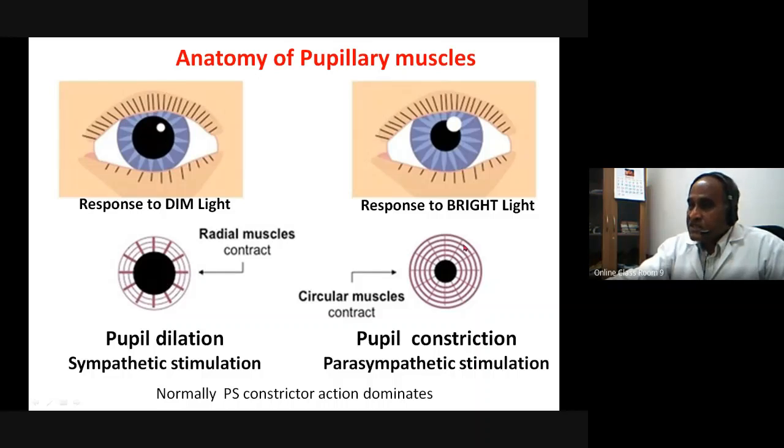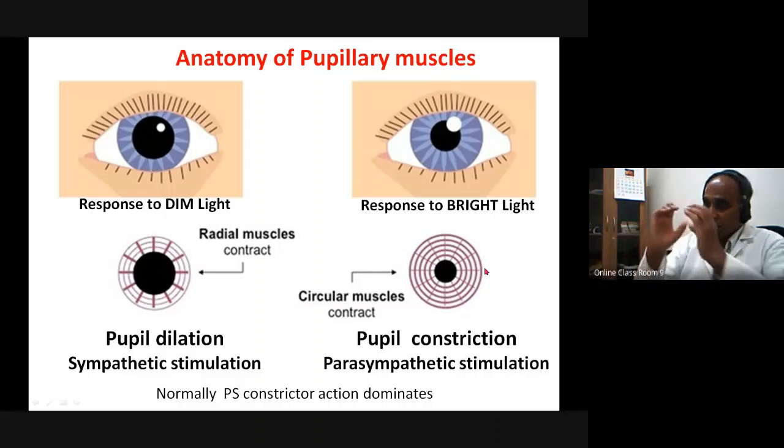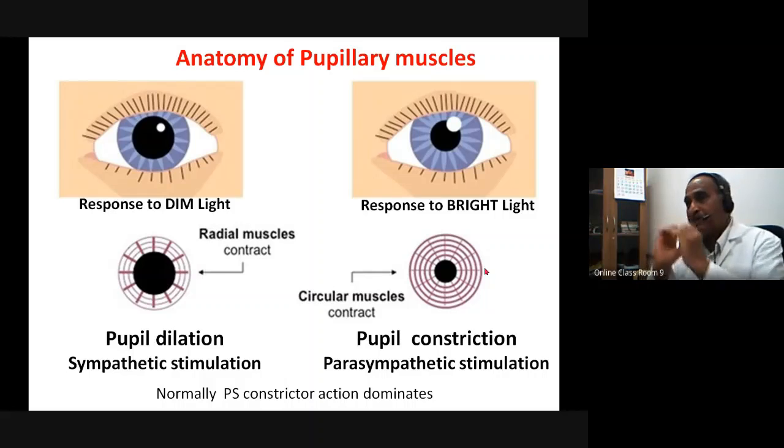Now, the parasympathetic part of the third cranial nerve will make it contract. When these circular muscles contract, that will diminish the size of the pupil or the pupillary opening. So this is the basis for a constriction, and this is the basis for dilation of the pupil.